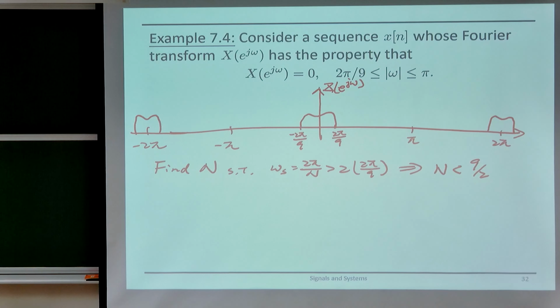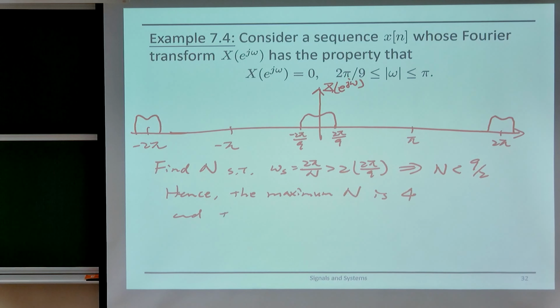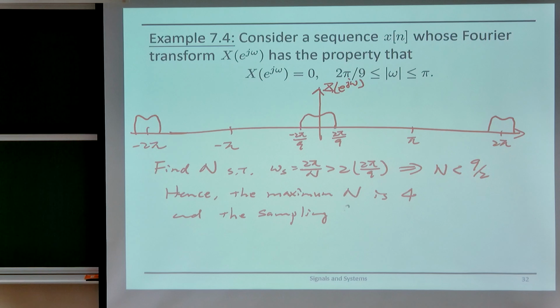But N must be an integer, so the maximum N is 4, and the sampling frequency is omega s equal to 2 pi over 4, which is pi over 2.